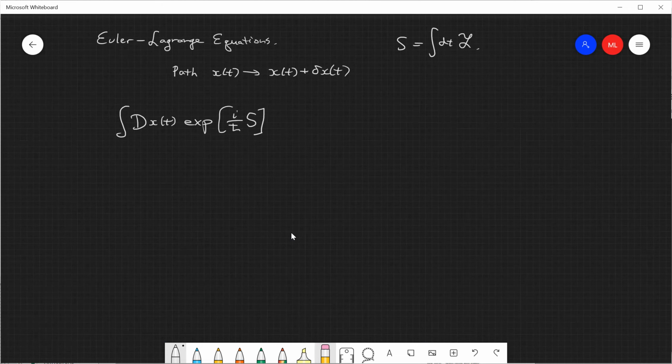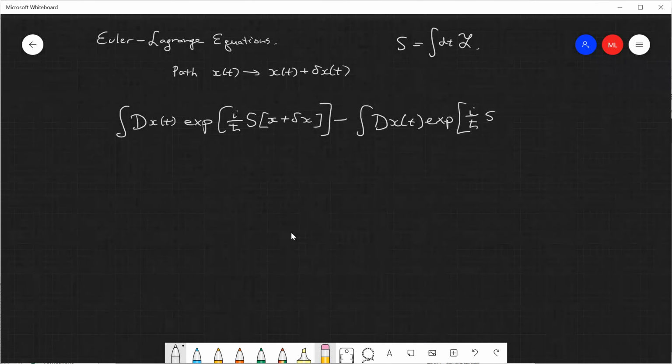Then, if you perturb by this amount delta x, and so you look at Lagrangians of paths that are modified a little bit by some delta x, or equivalently the action, then if you subtract off the path integral where you don't make this shift, this can't do anything.